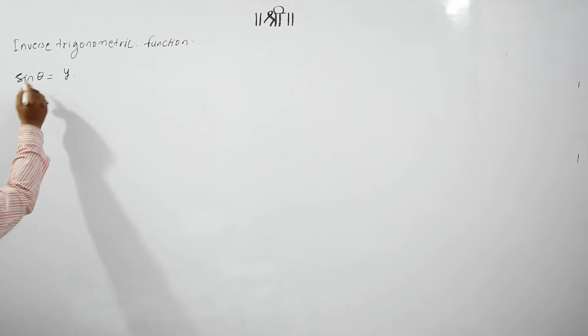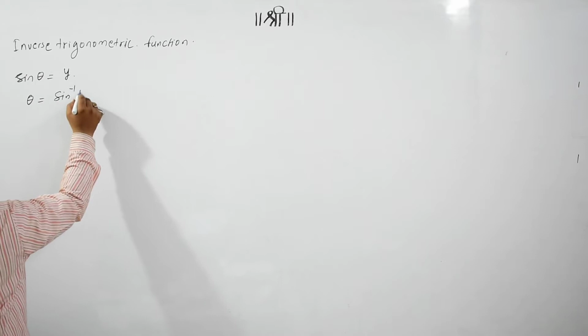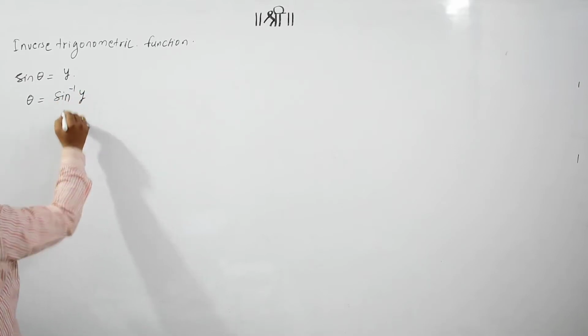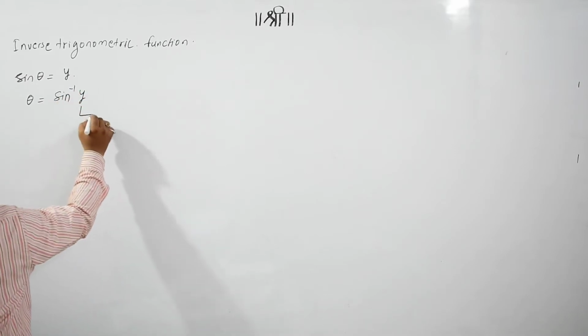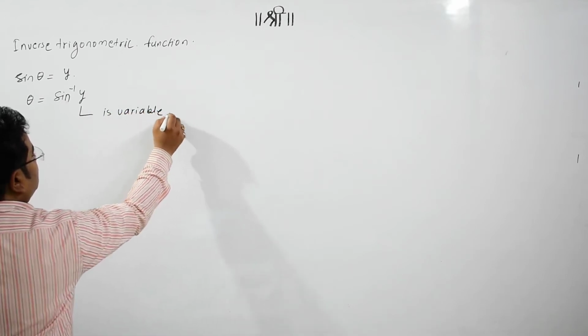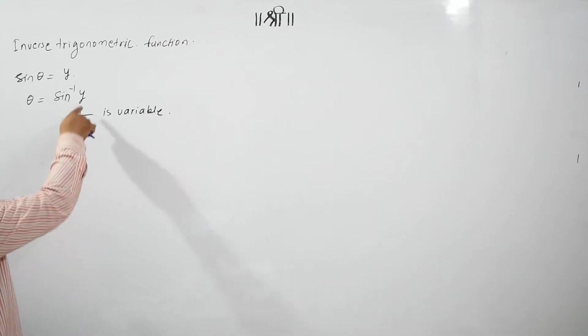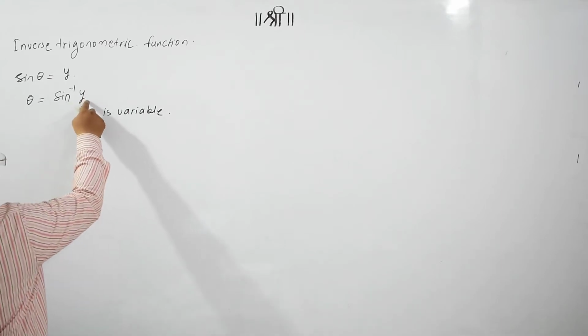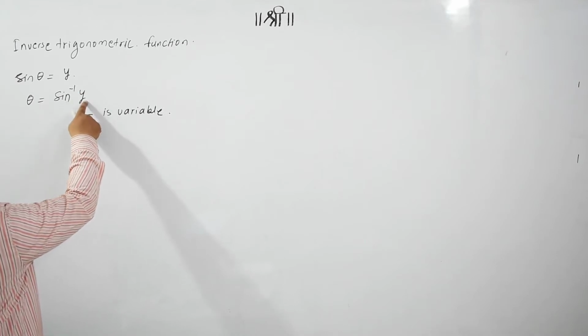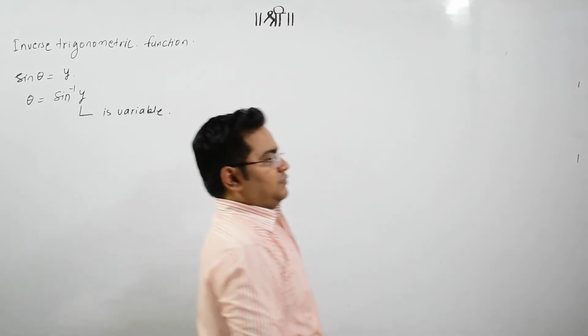Now theta is equal to what? Sin inverse of y. Now here y is a variable, but which kind of variable are we dealing with? We are dealing with the independent variable. The y becomes independent over here, and this independent variable is most probably written in terms of x.